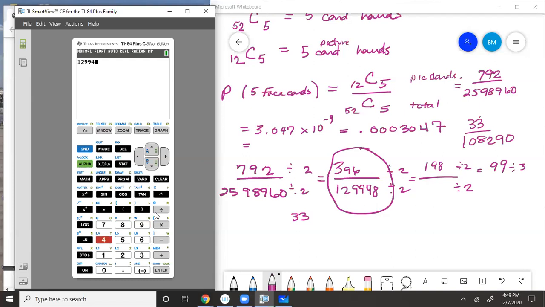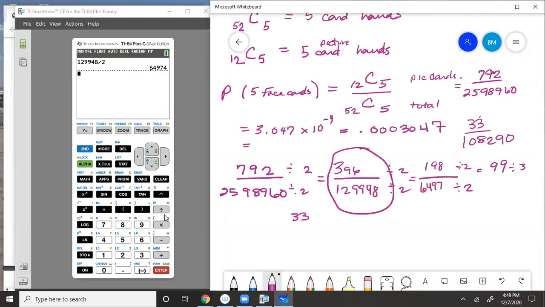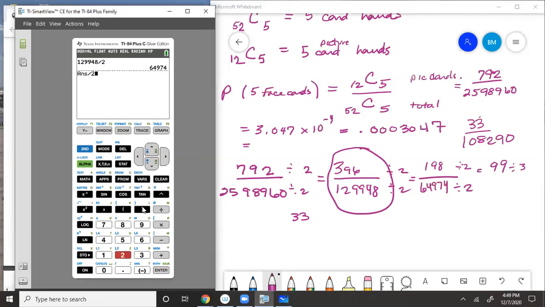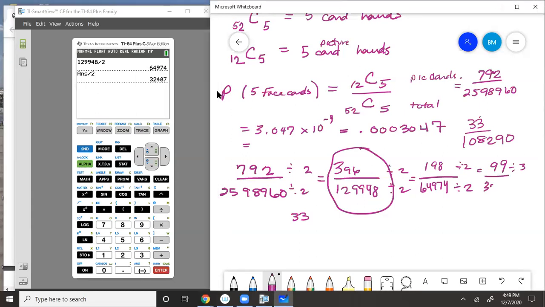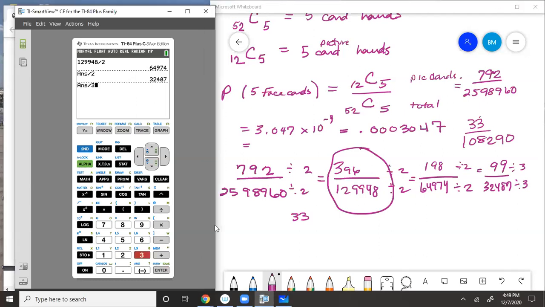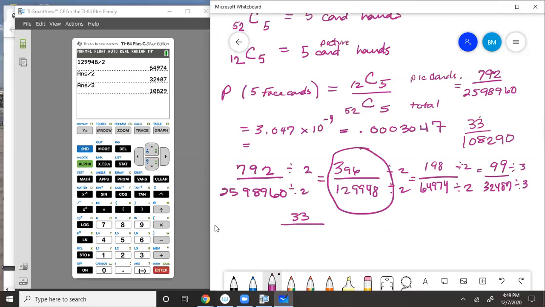129,948 divided by 2. We get 64,974. Divide that by 2. We get 32,487. And then because we divided the numerator by 3, we're going to divide this by 3 as well. And we finally get the number 10,829. Oh, was I off a 0?